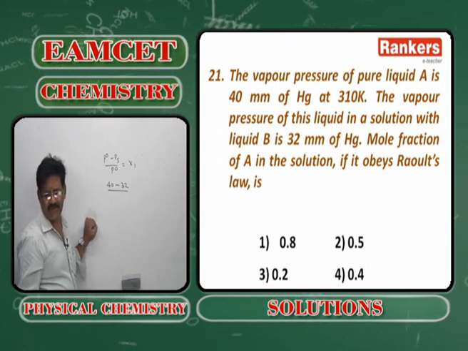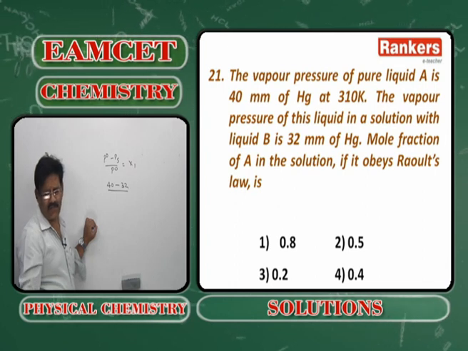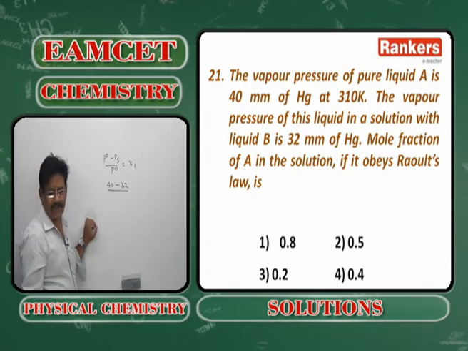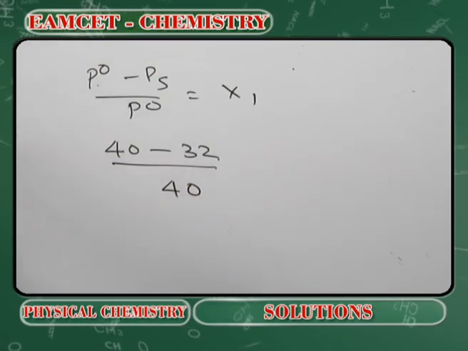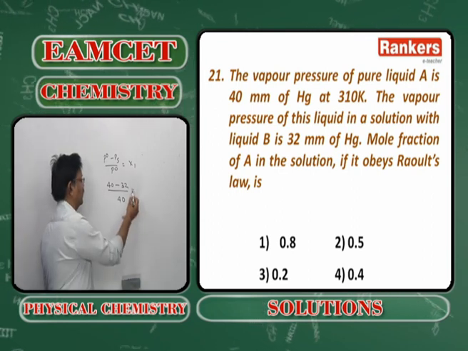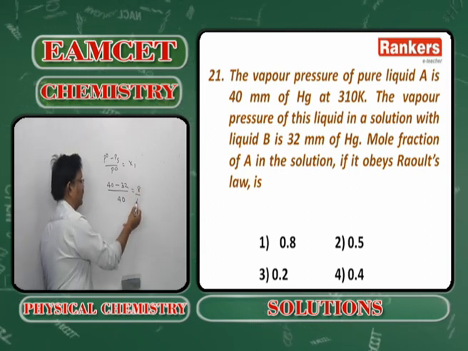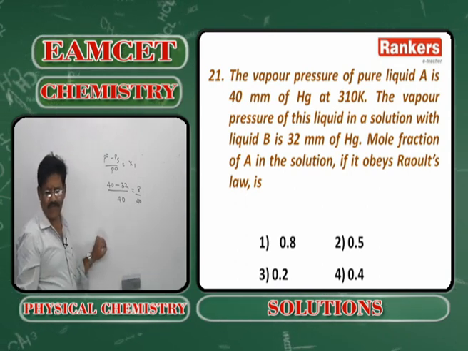What is the initial pressure? The vapor pressure is 40, and when it is dissolved, it becomes 32. So it is 8 by 40. It must be 0.2.